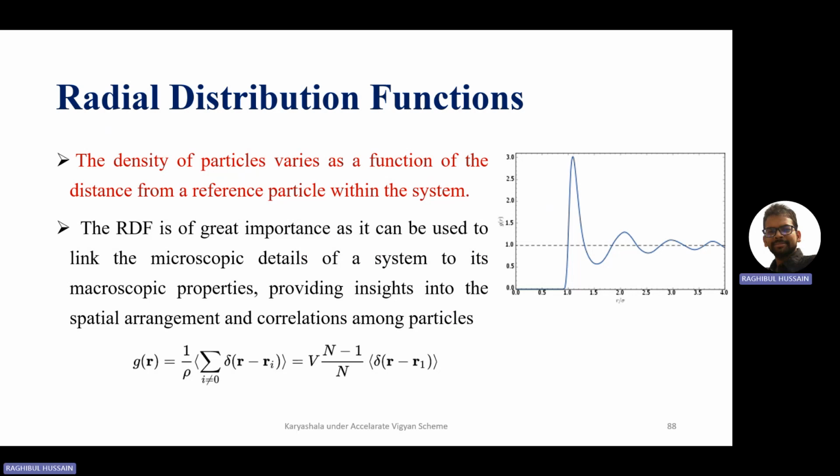Similarly, at a very long distance, it goes to 1. That means we will not find any kind of TFSI in this one. So now I can plot Li with respect to F, because Li is a cation, electropositive, and F is electronegative.